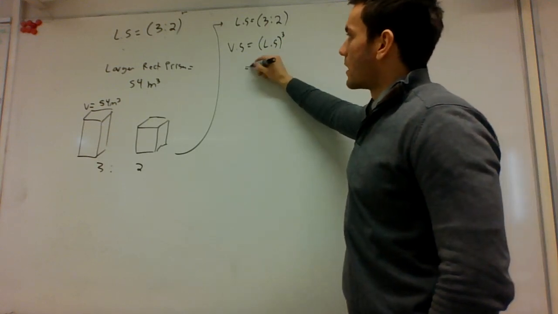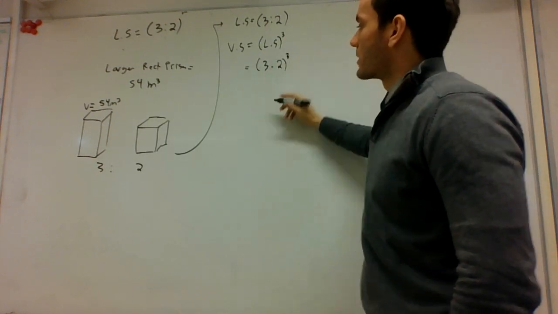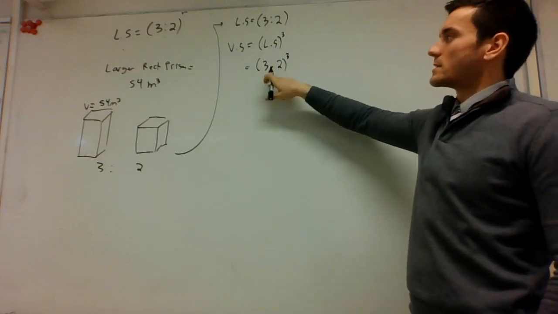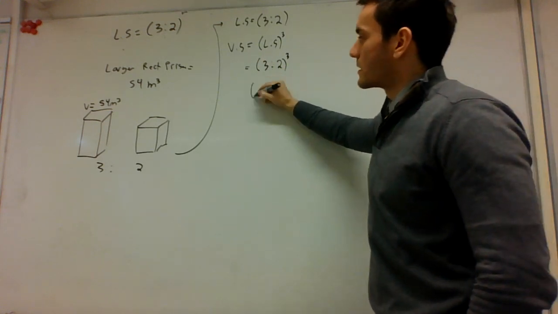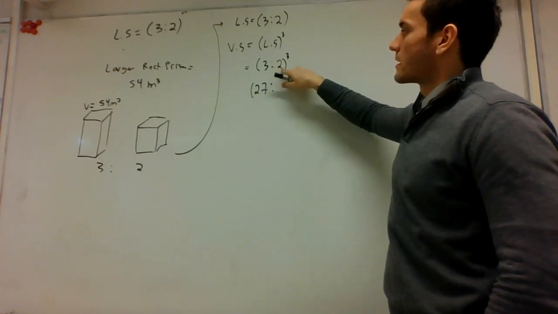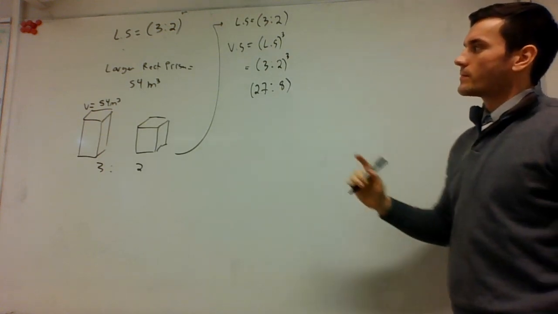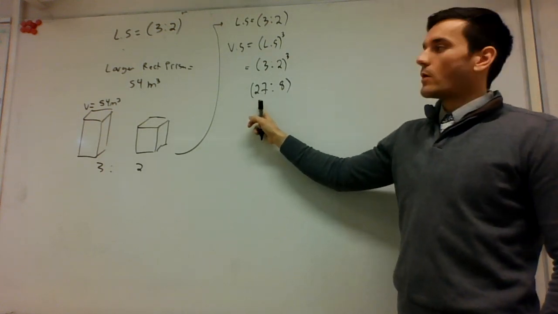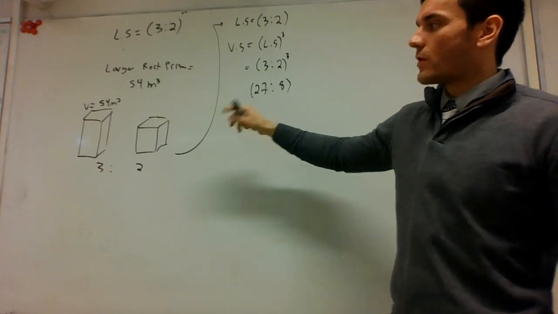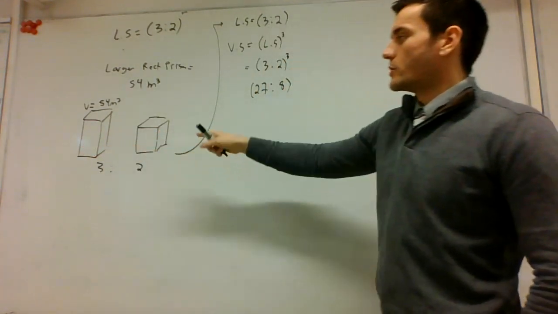So this becomes 3 to 2 to the power of 3. Well, 3 times 3 is 9, times 3 again gives me 27, and 2 times 2 is 4, times 2 again gives me 8. So what this means is 27 units of volume over here results in only 8 units of volume over here.